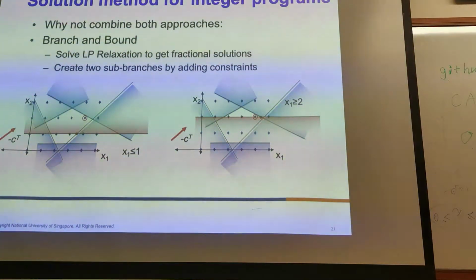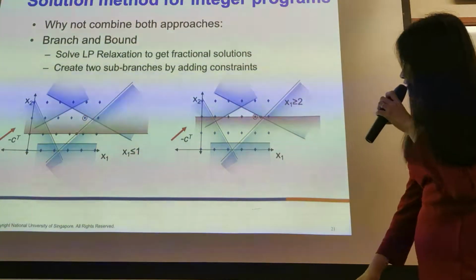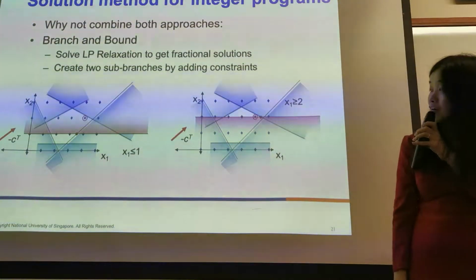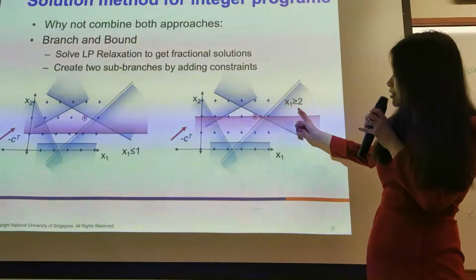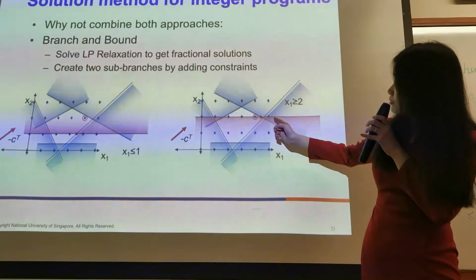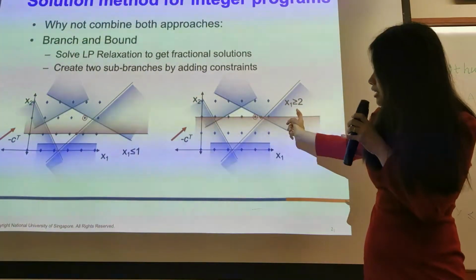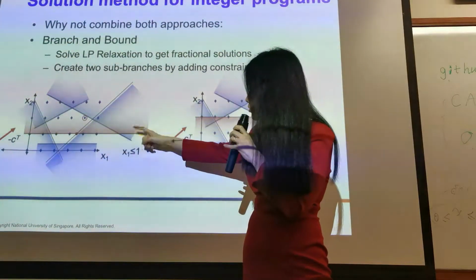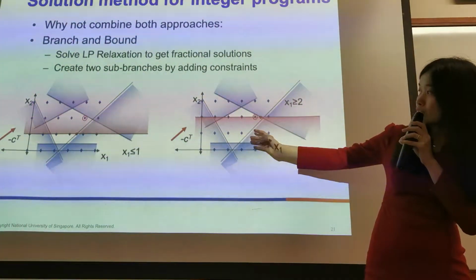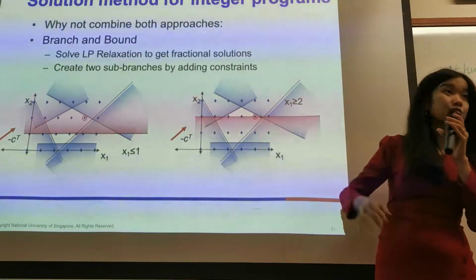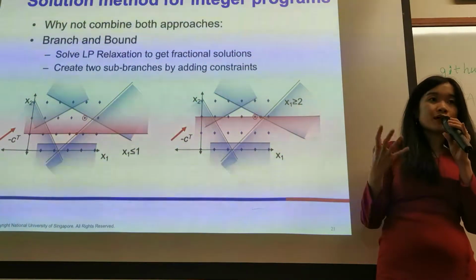Right, but the key thing here is that if you come back to see this figure, it really gives you the whole branching process. If you go to your relaxed problem, then you add your constraints to make it easier to search, x1 larger than or equal to 2 or smaller than or equal to 1, then you are able to find the optimal points at each of the newly defined zones.